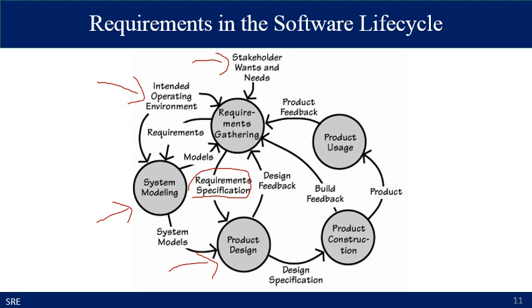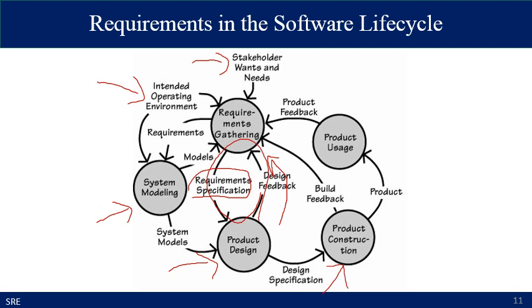So when the design is formed, you can ask the users to give feedback on the design to further improve your requirement gathering process. If the improvement requires changes, you can go through this loop and further improve the design specification to construct your product.